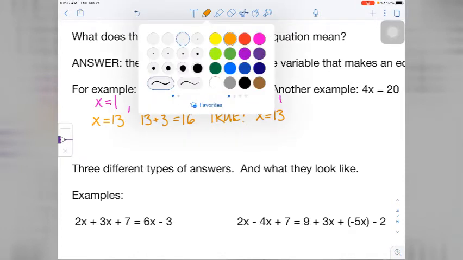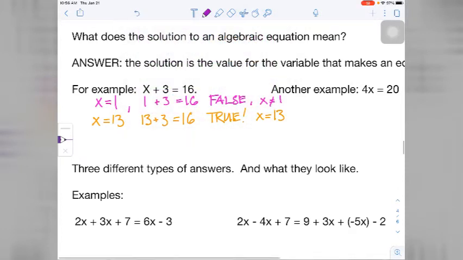If I try any other numbers, even numbers that are really, really close, like 13.1 or 13.01, what if x was 13.01? 13.01 plus 3, does that equal 16? This is false.